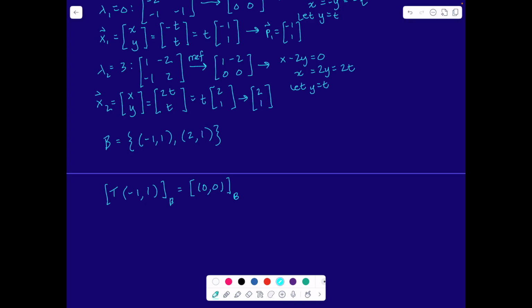Also remember that you can write this as a linear combination, right?